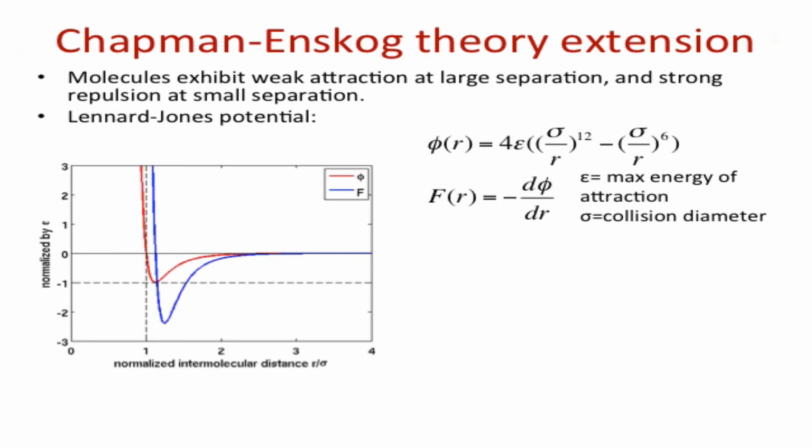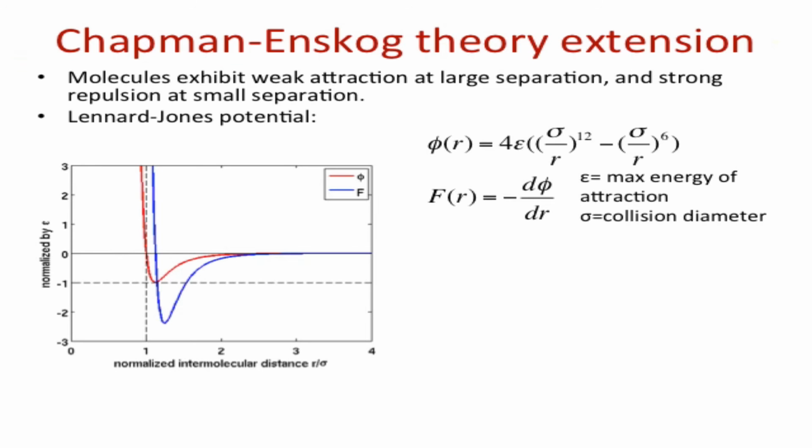So basically, the first term is dominant for small distances R, and the second term is dominant for large distances R. So for large distances R, much larger than this magical sigma, which we call collision diameter, I have a number that is larger than 1, and the 6th power of that number will be dominant over the 12th power. So basically, you will have that behavior here.